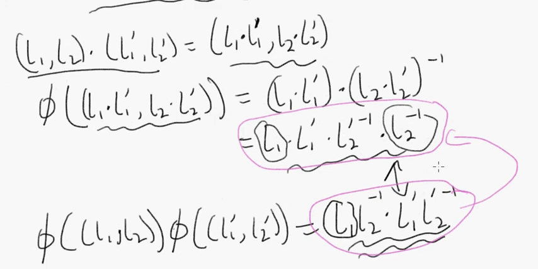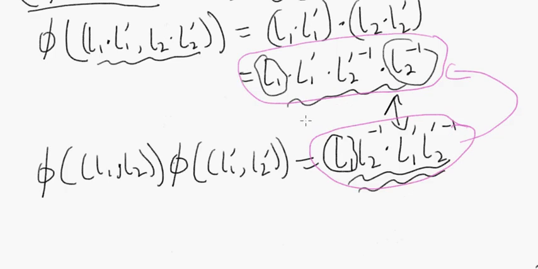So notice that if L is abelian, then things commute, right? So if commutativity is allowed, then can't we just shuffle these things around? For instance, L1 we could just move L2 inverse over there, and then we have L1 prime.